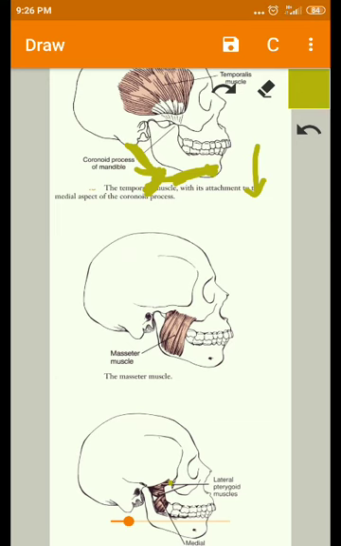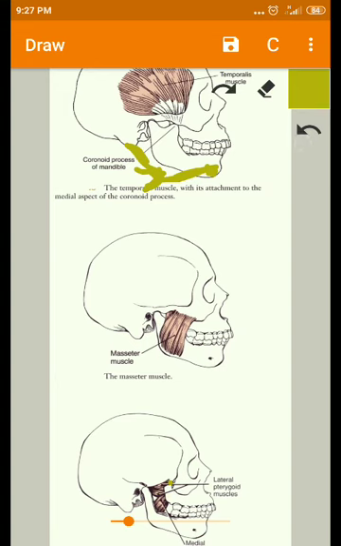Now if you can see, the muscles involved in mandibular depression are the combined action of digastric muscle and also the inferior portion of lateral pterygoid muscle, which helps in the opening of the mouth, that is called mandibular depression.